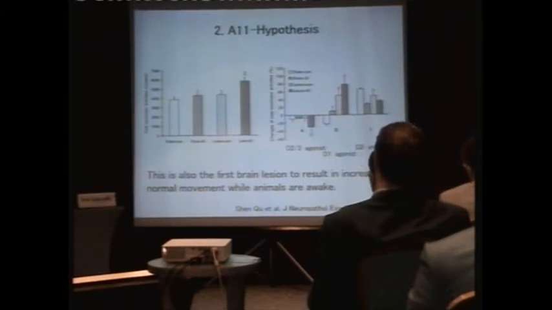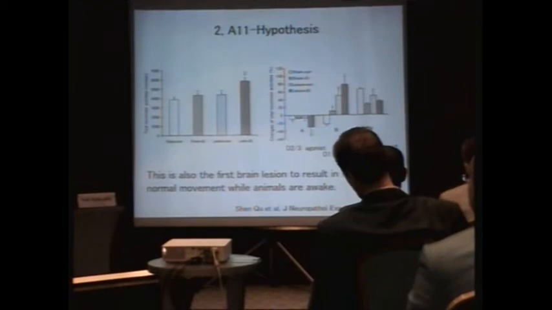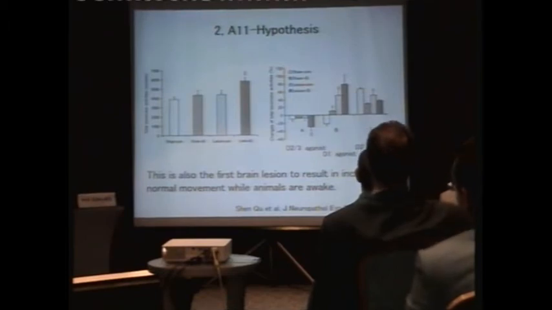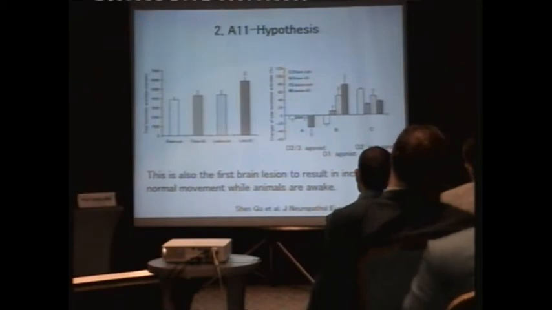And in addition, they treated them with some drugs. They used D3 agonists, and after using them, the mice improved their activity. But other drugs, D2 antagonists, worsened their activity.